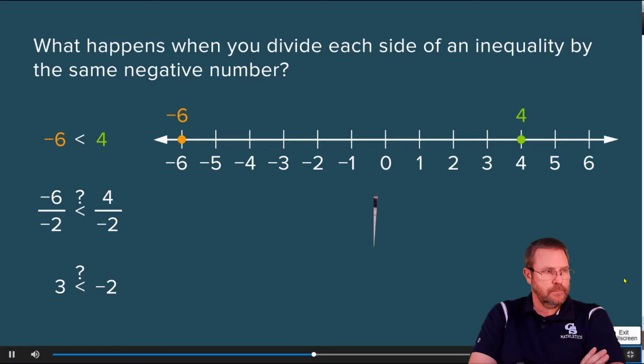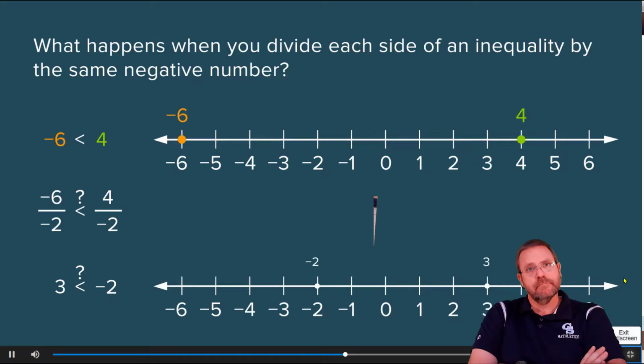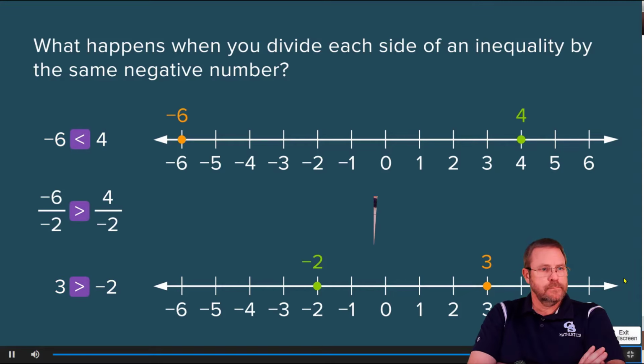To check whether the new inequality is true, graph each side. The new number line shows that the new inequality is not true because 3 is to the right of -2. So 3 is greater than, not less than, -2. To make the new inequality true, reverse the inequality symbol. This pattern is true whenever you divide each side of an inequality by a negative number. You must reverse the inequality symbol to keep the inequality true.